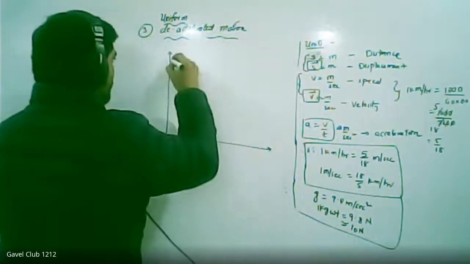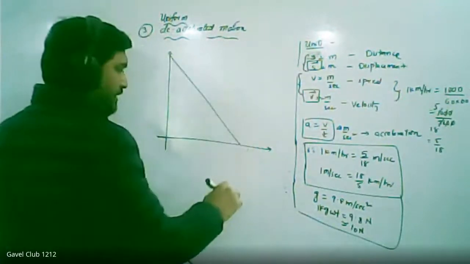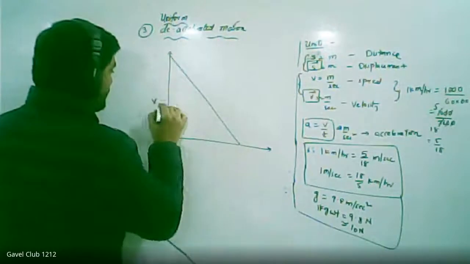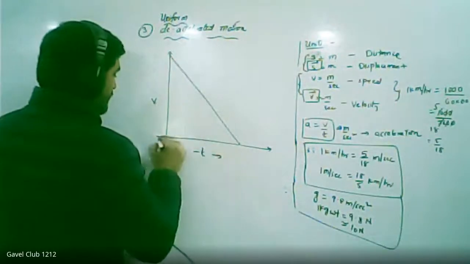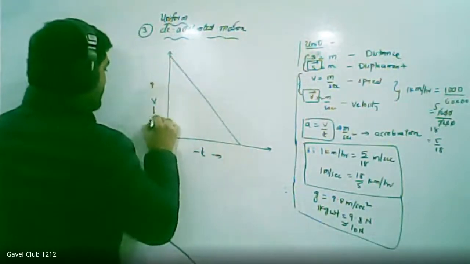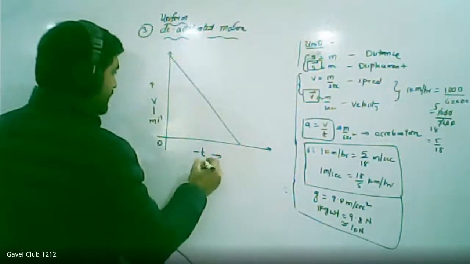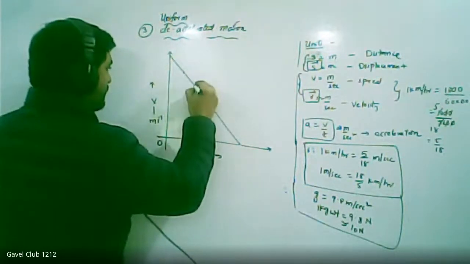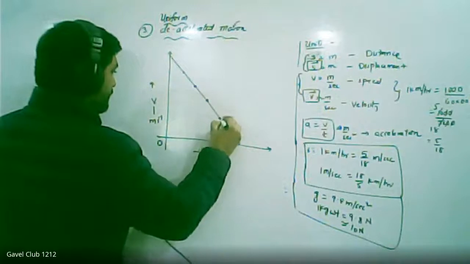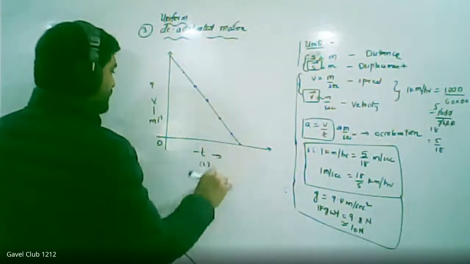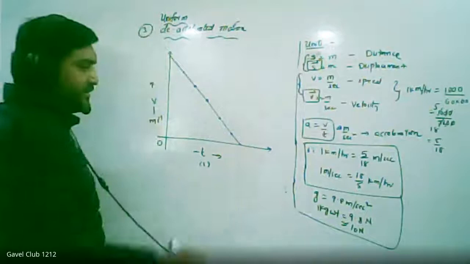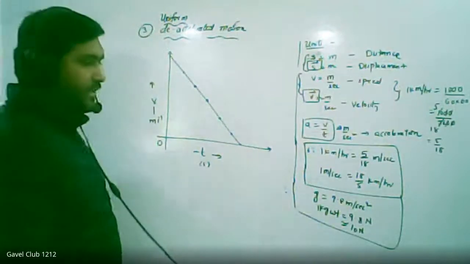Now you can see if the object moves in the downward direction like this, here velocity and time we're taking. Velocity is taken in meter per second, time is taken in seconds. So if a graph we got here like this, some points on the graph, and it's continuously decreasing to 0, this kind of graph we generally call as deaccelerated motion.